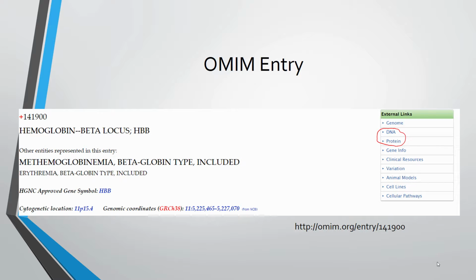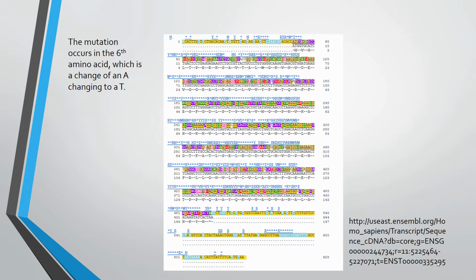Research was then done on the DNA and mRNA sequence so that primers could be made. The online Mendelian Inheritance in Man entry for the hemoglobin beta subunit was used to get the information that was needed. Ensembl was then used to obtain the cDNA sequence, and the NCBI reference sequence also provided us with the same information.